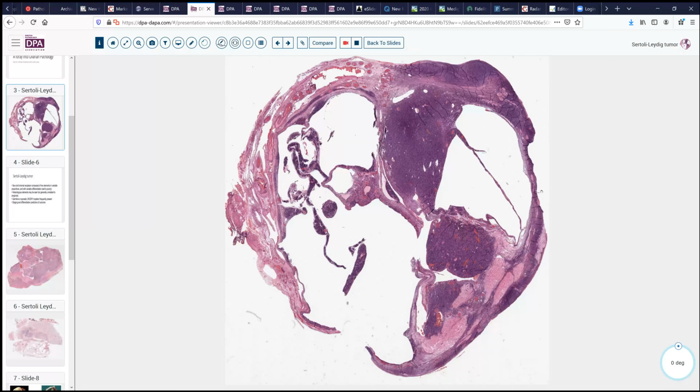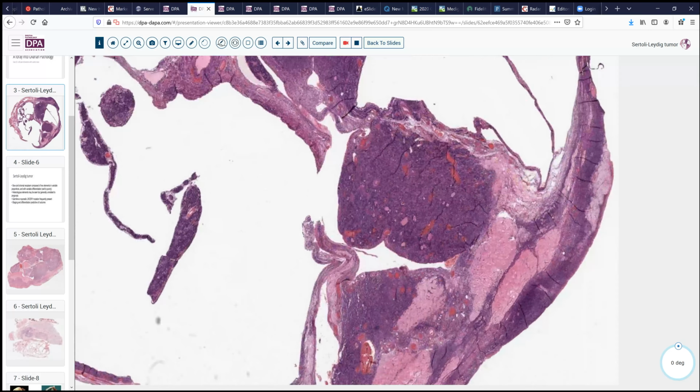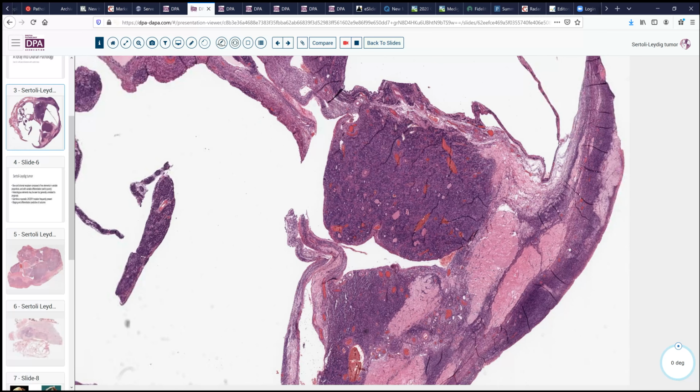So here we see this multiloculated, cystic and solid mass occupying the bulk of the ovarian parenchyma. We can see that it has blue areas and not a whole lot of necrosis. We've preserved some older ovarian corpora albicantia at the periphery.